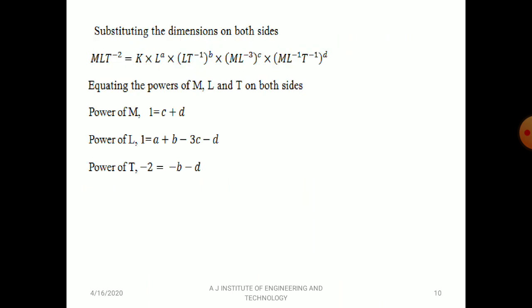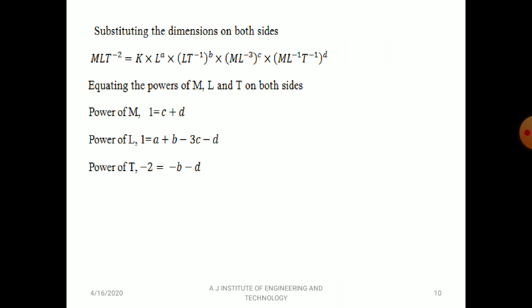Otherwise we can see these 3 expressions and search for a common term. So that is in power of M, 1 equal to c plus d, and in power of L, 1 equal to a plus b minus 3c minus d, and in power of T, minus 2 equal to minus b minus d. As we can see here, d is the common term, or as I told, viscosity is important.